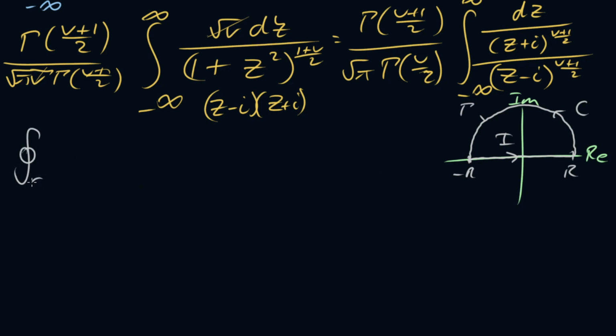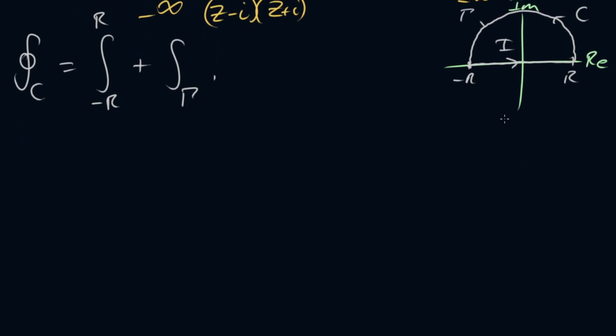Notice that the contour integral over C is just equal to the integral from minus r to r plus the integral over gamma. Now if we analyse gamma, we'll see that the integral over gamma of 1 over (1 plus z squared) to the (nu plus 1) over 2 dz, we can use the estimation lemma.